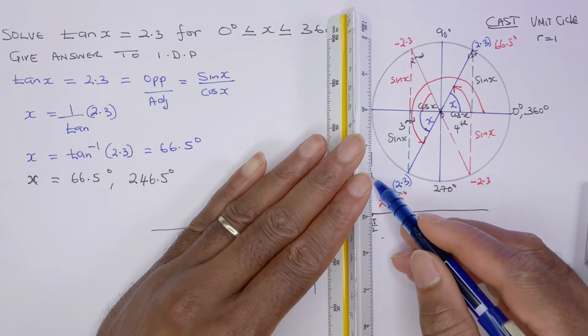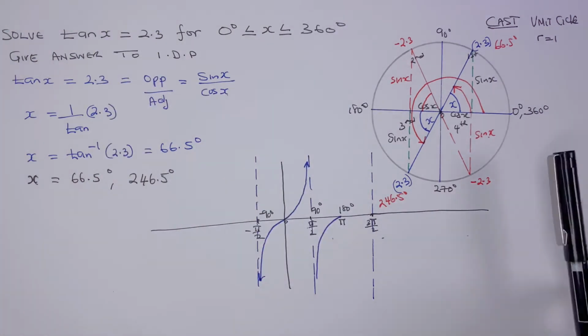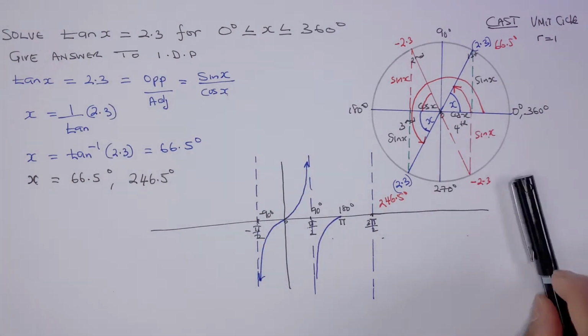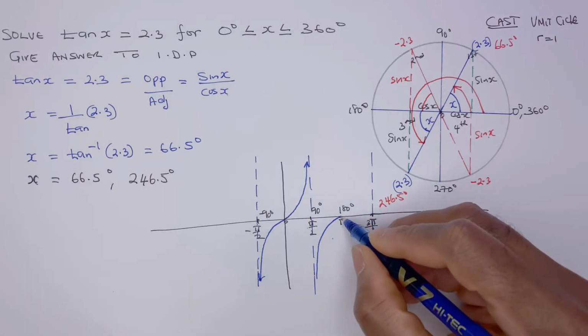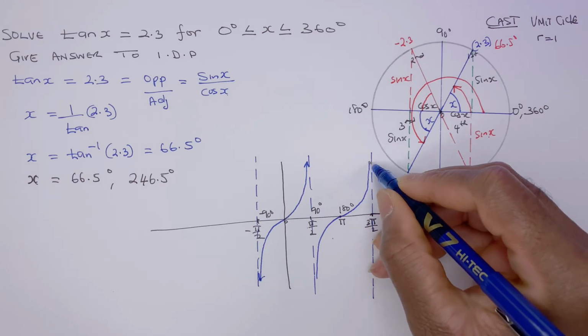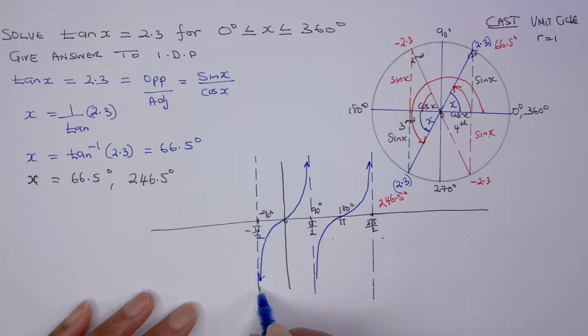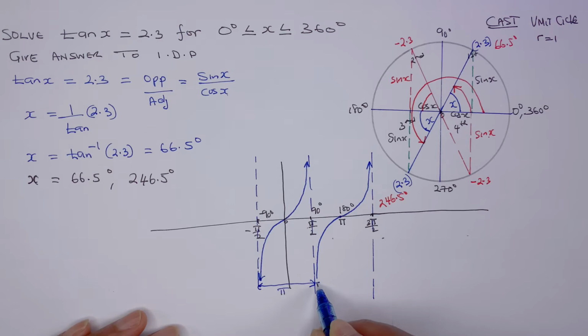So it's just a rough sketch here. And the curve will then go all the way to positive infinity. So that's 2 periods. From there to there is a pi, and from there to there is another pi. So the period occurs every pi.